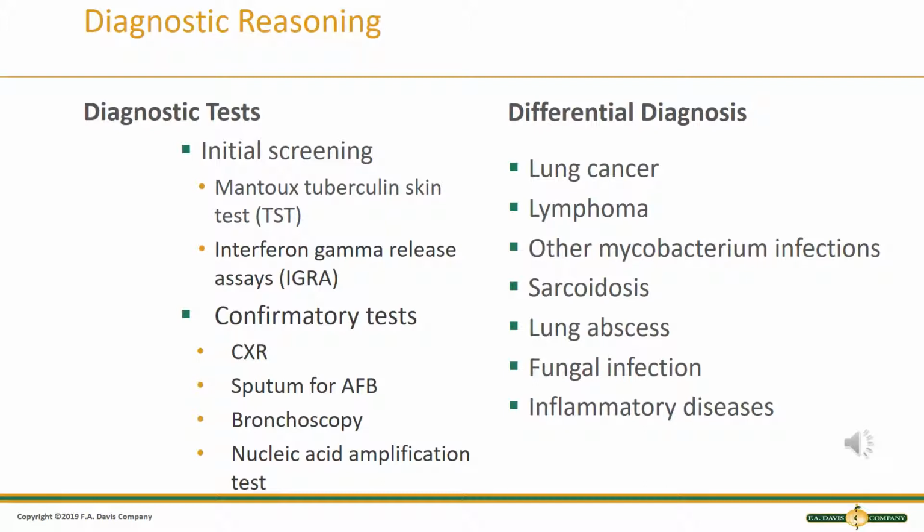If you cannot get a result or the sputum cannot be obtained, a bronchoscopy sampling can be done, and there's also a nucleic acid amplification test, which is a rapid diagnosis and has less than 8-hour turnaround. Make sure you understand the differential diagnosis for TB and you understand how to work each of these up.